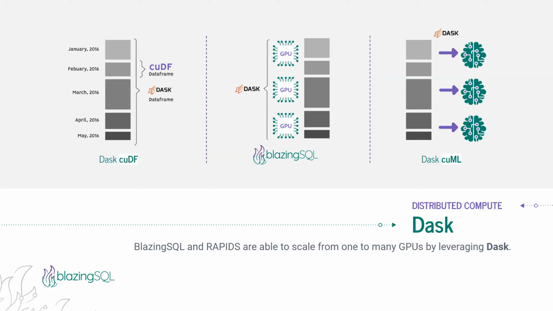Real fast. So Dask is kind of the thing that brings it all together when we're trying to think about scaling out this GPU architecture. So when it comes to pandas, for example, on GPUs, the cuDF library, very similar to a Dask data frame, is made up of a bunch of partitions of pandas data frames. There's a very similar implementation called Dask cuDF.